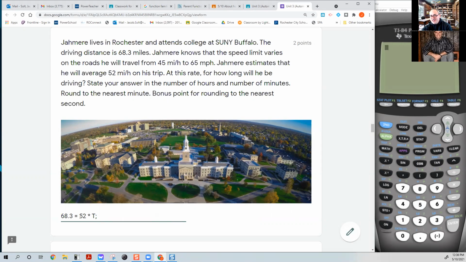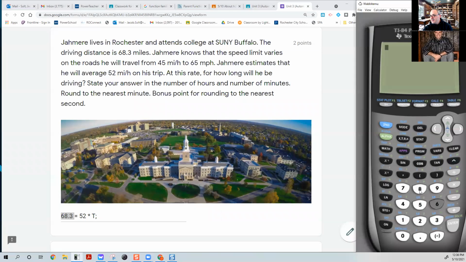All right, so I've got 52 times a number I don't know equals 68.3. Well, if I was to divide both sides of this equation by 52, I'd get rid of the 52 on this side, right? Dividing by 52 will cancel multiplying by 52. But if I do it on this side, I also have to do it on this side. So 68.3 divided by 52 on both sides of my equation gives me t.